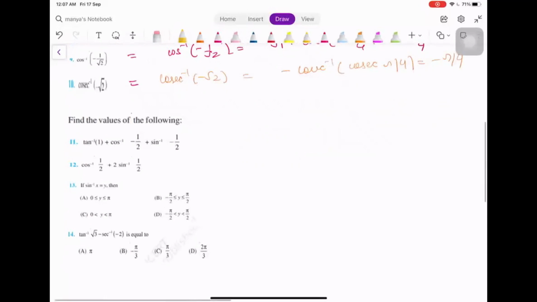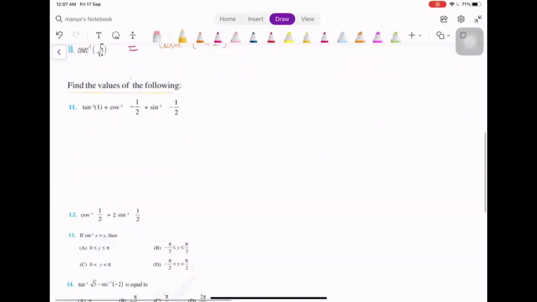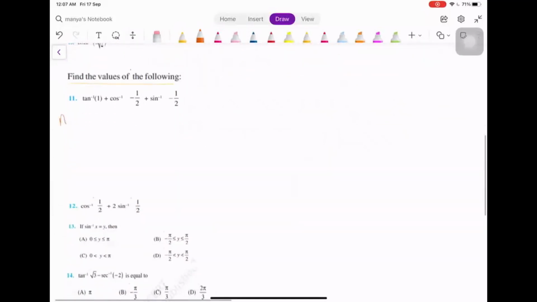In the subsequent questions, we need to find the values of the following. Okay, the 11th question says tan inverse 1 plus cos inverse minus half plus sin inverse minus half.